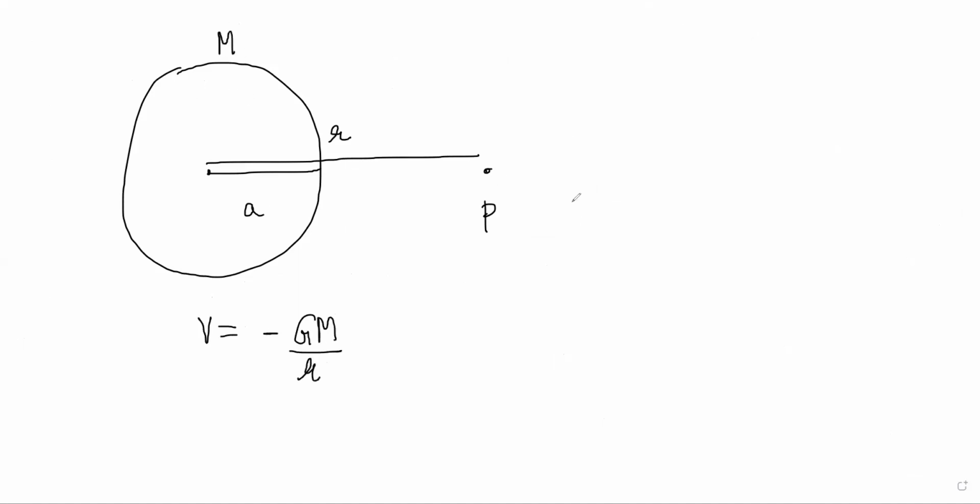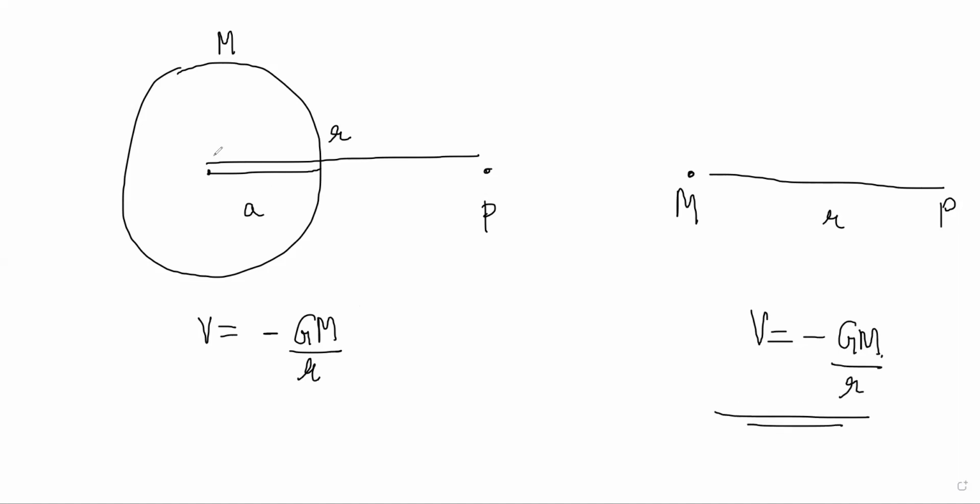But this is mass M. On the other hand, if the question was simply mass M at one point, point mass M and distance of r, then also you would have said minus GM by r. So if a point is outside a spherical shell, then the spherical shell actually doesn't matter. It behaves almost like a point mass.